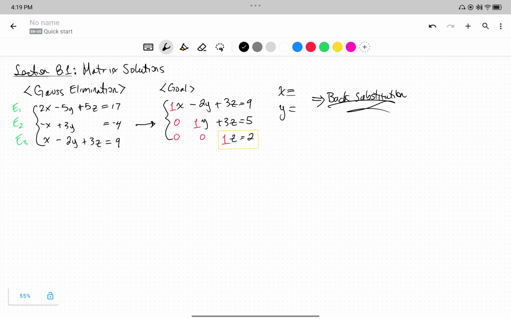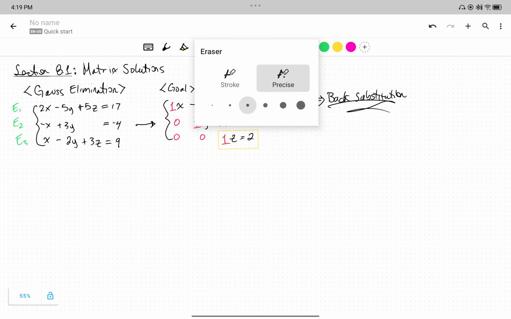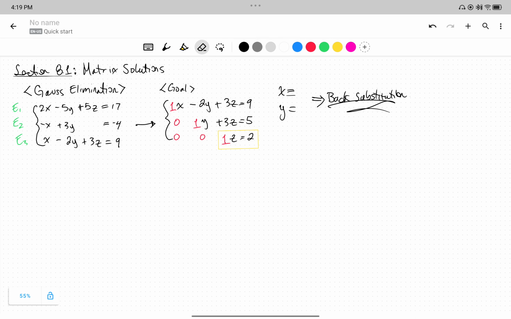So the new method that I'm going to show you, we don't have to use back substitution anymore. We can just go straight ahead and get the answer right at the very end.